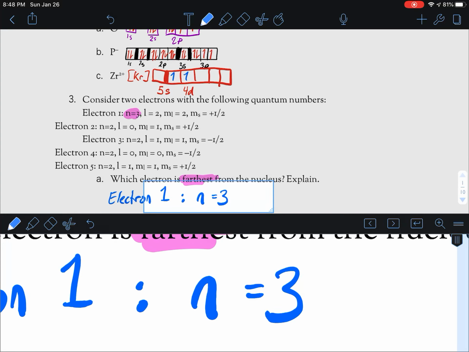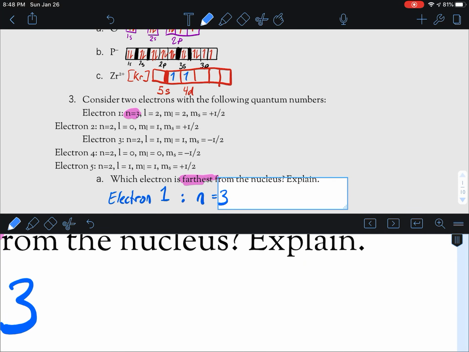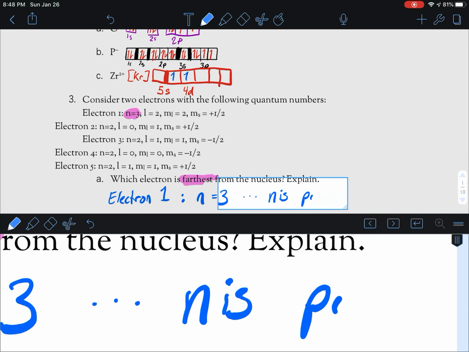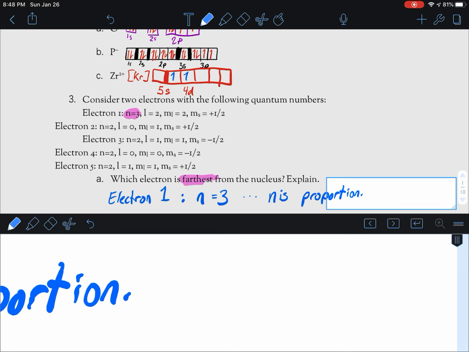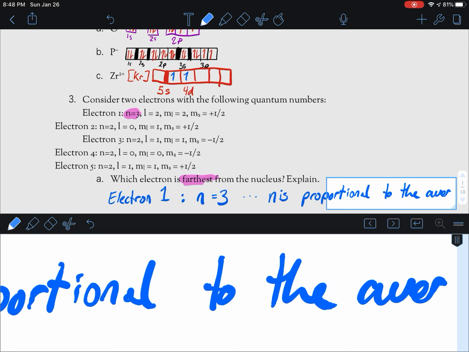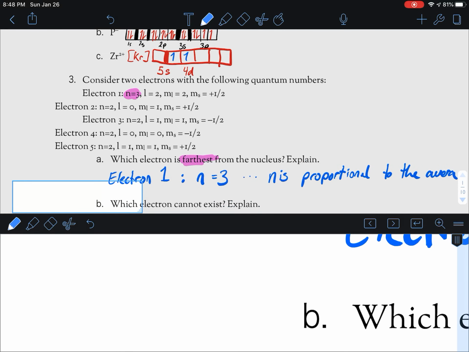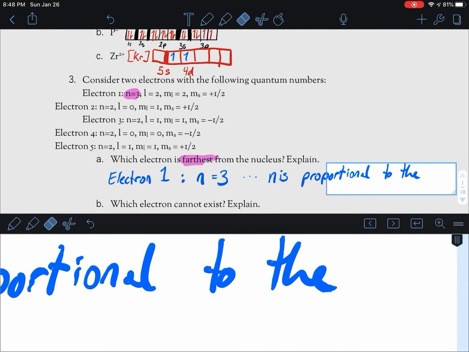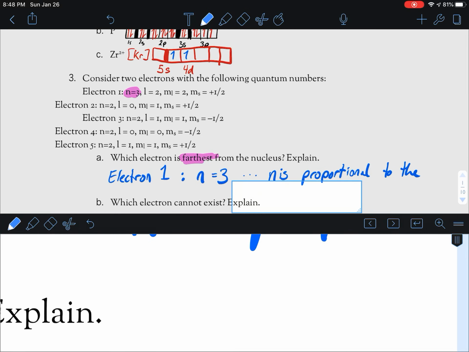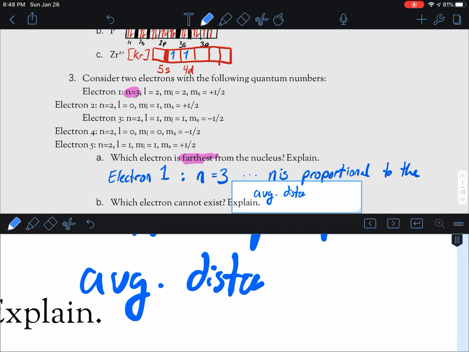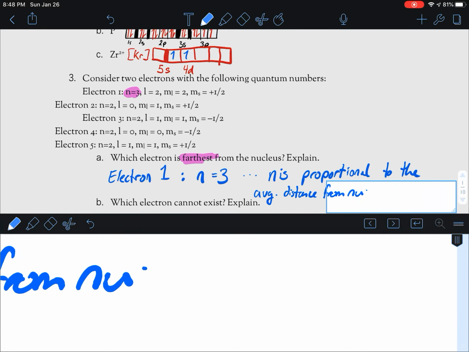Electron 1, n equals 3. n is proportional to the average distance from the nucleus.